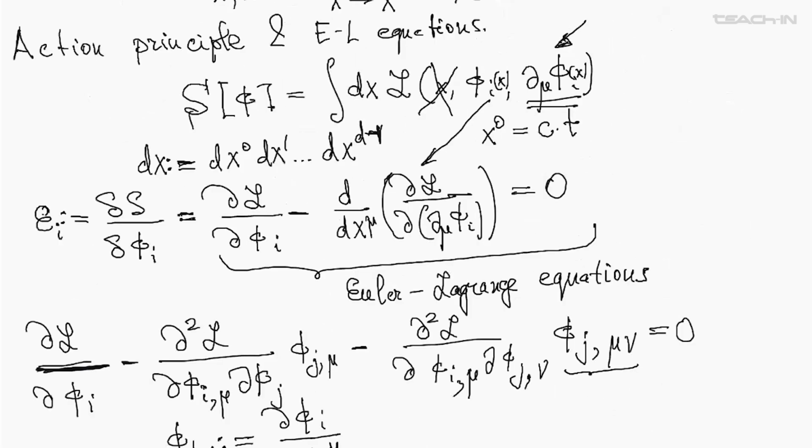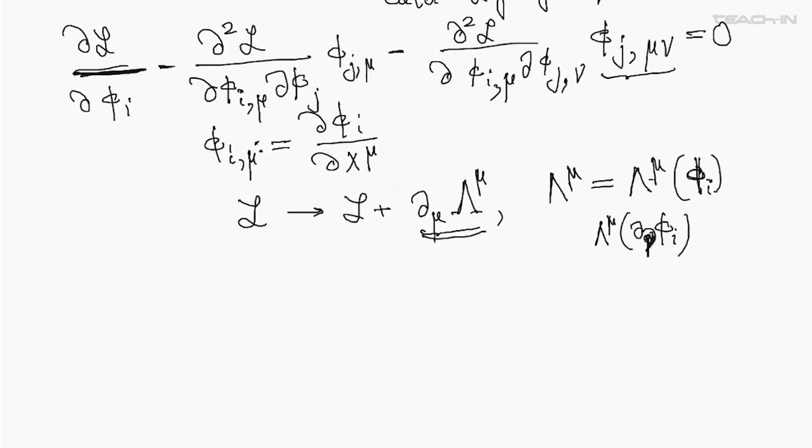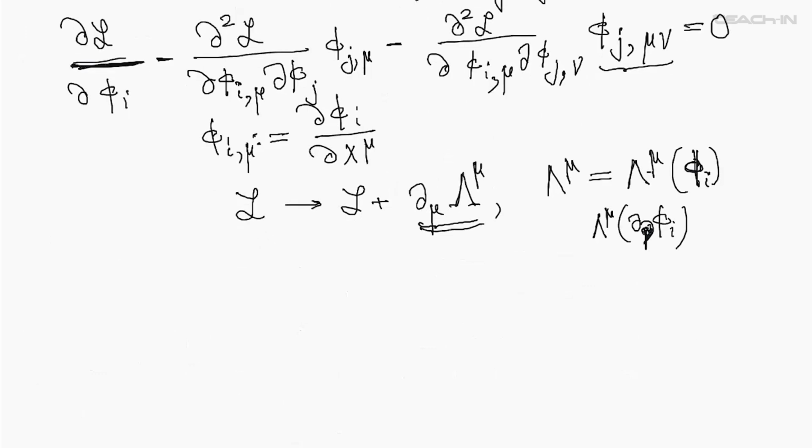That's why, if you don't want to change this nature of the Lagrangian to depend only on the derivative of the field phi, then you assume that lambda mu depends just on the field, but not on its derivatives.